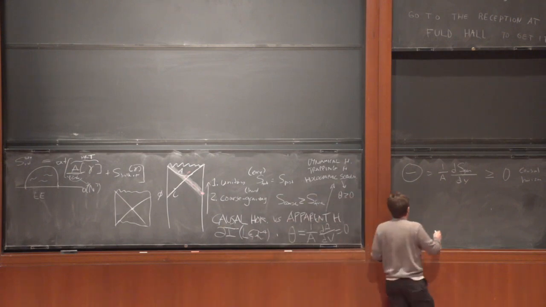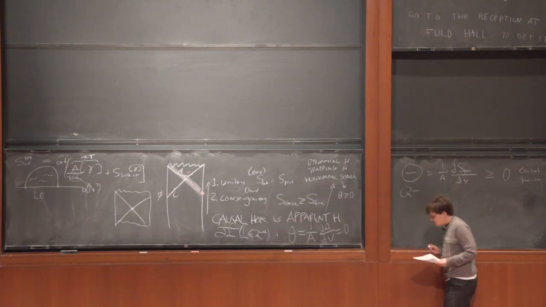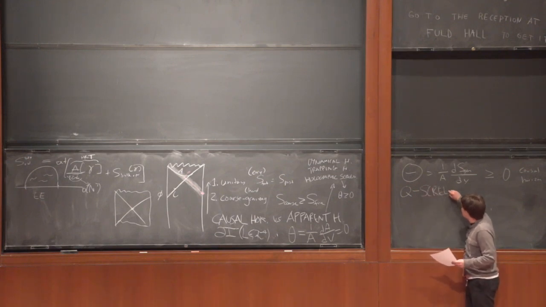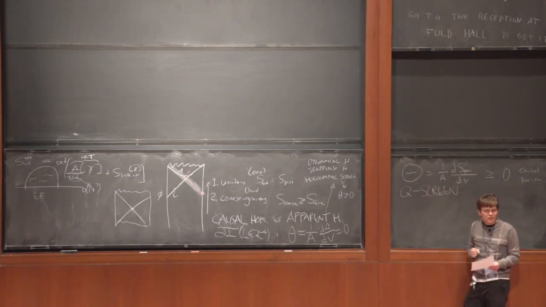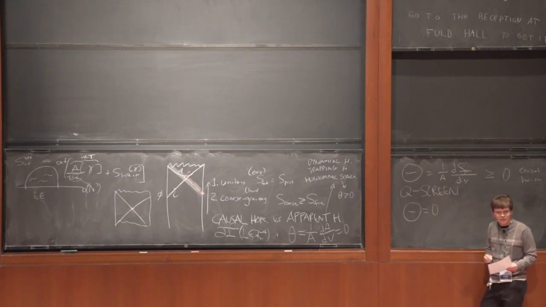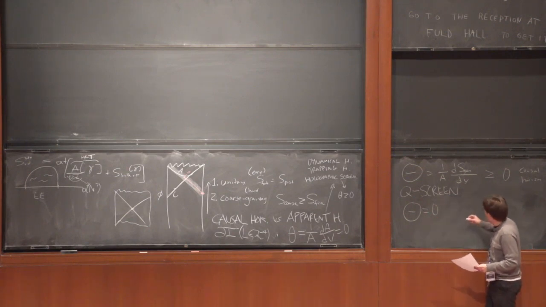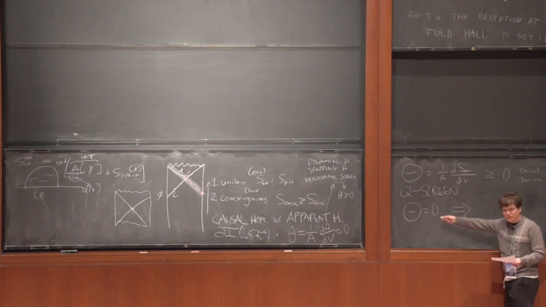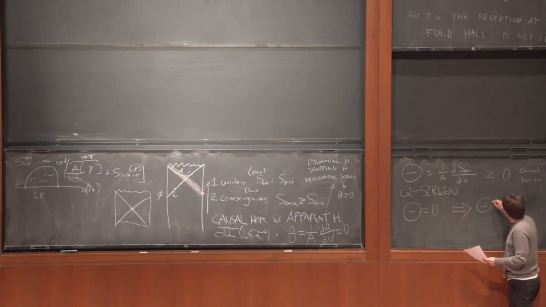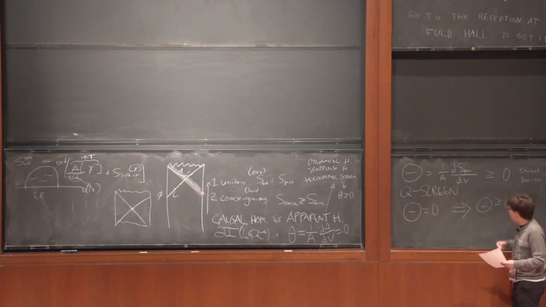We should really define what Netta and Raphael call a Q-screen, which is a surface that satisfies big theta equals 0 everywhere. This is in the null direction. And then this implies that along the Q-screen, which is foliated by the big theta equals 0 surfaces, theta is greater than or equal to 0.